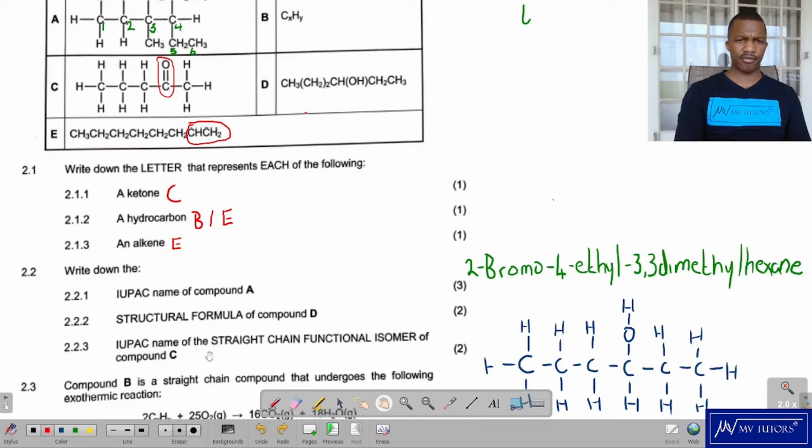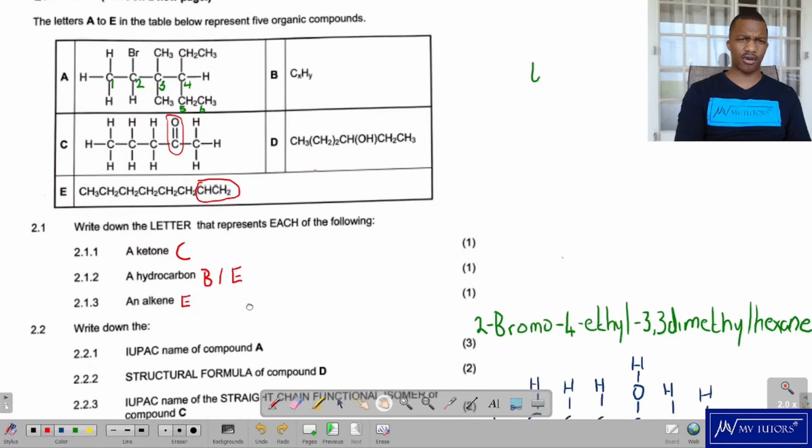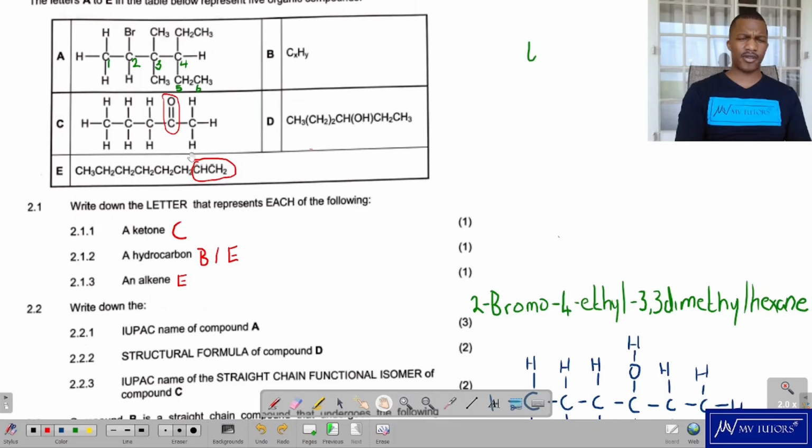Okay, let's do 2.2.3 now. IUPAC name of the straight chain functional isomer of compound C. Okay, let's check out compound C. Oh, compound C is a ketone, and you must know this, that the functional isomer of a ketone is an aldehyde, right? So with an aldehyde, let me rub this, and then I want us to number the carbon atoms.